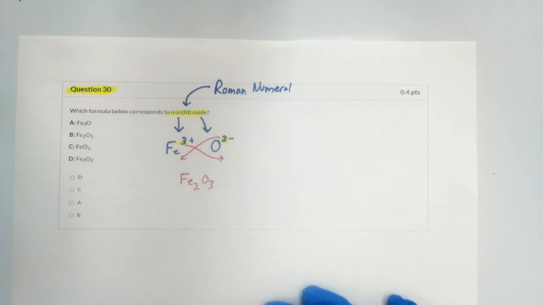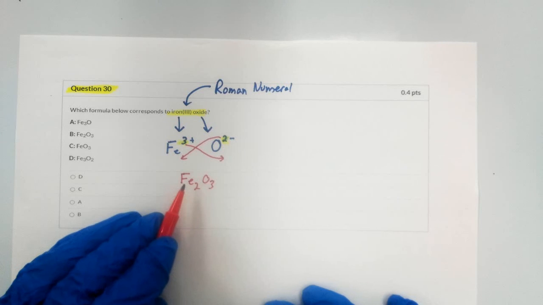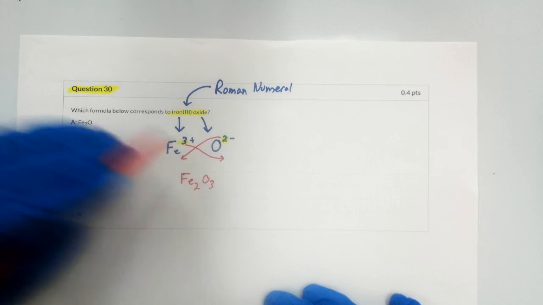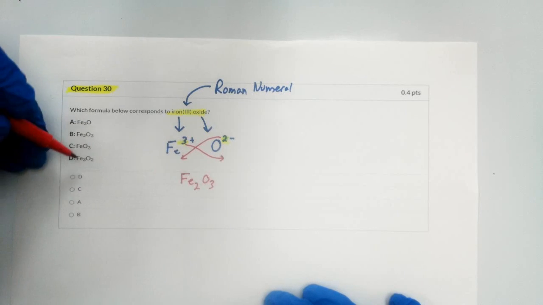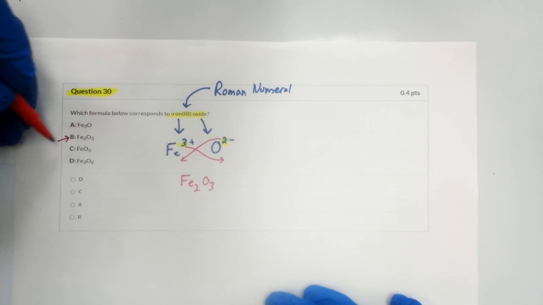So folks, this is iron 3 oxide. Some people look at that and think, no, that's iron 2 oxide. No, it's not. This is iron 3 oxide. The reason is that it has nothing to do with the subscripts. It has all to do with the charge. So it's Fe2O3. This is B. There it is. It's B.